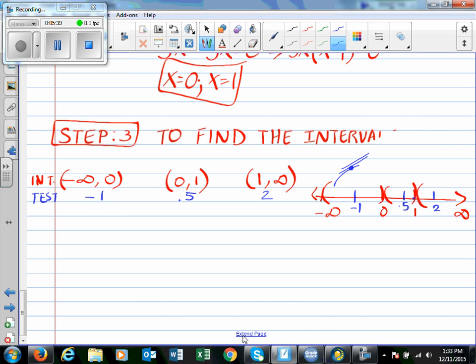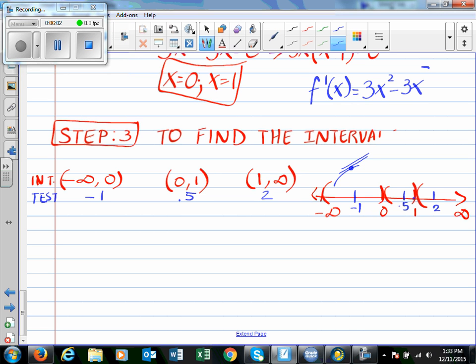Now we have to test the sign of f prime. So look at your function. What was f prime of x? 3x squared minus 3x.